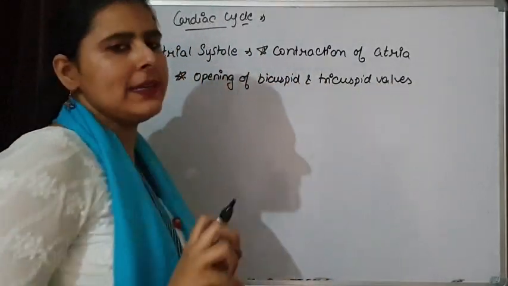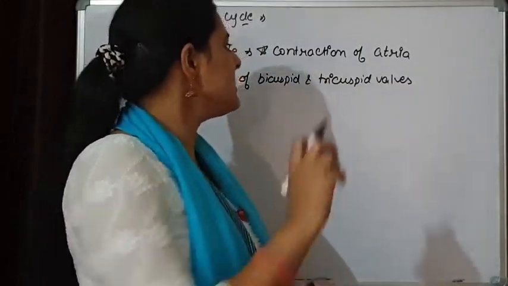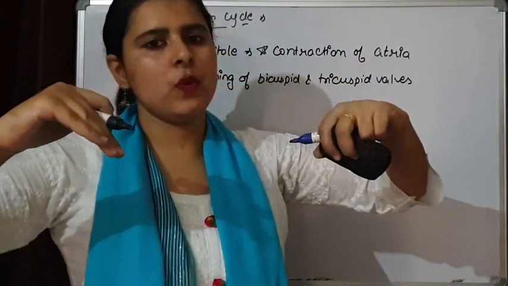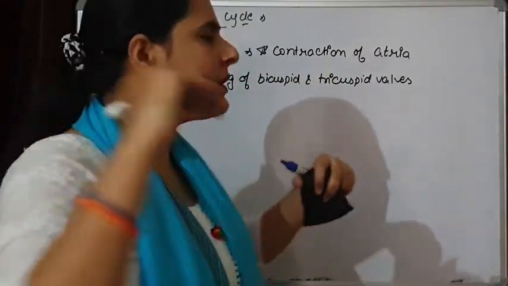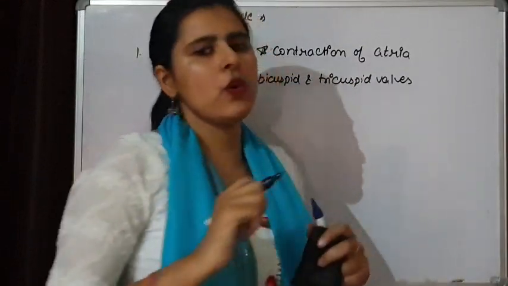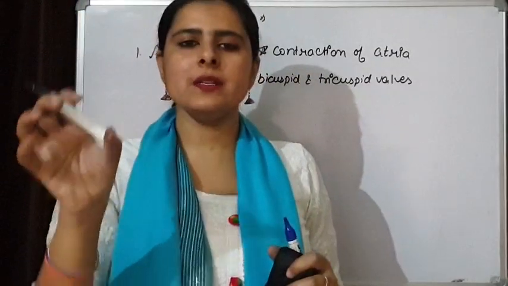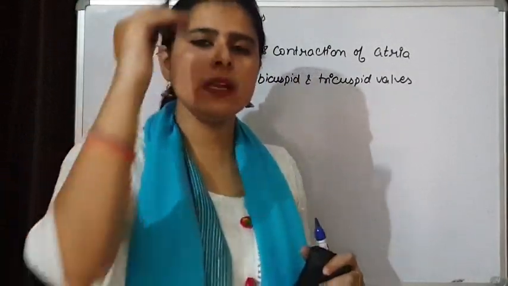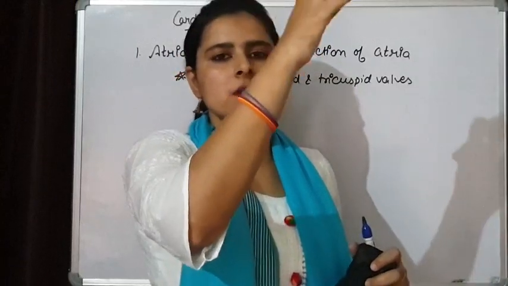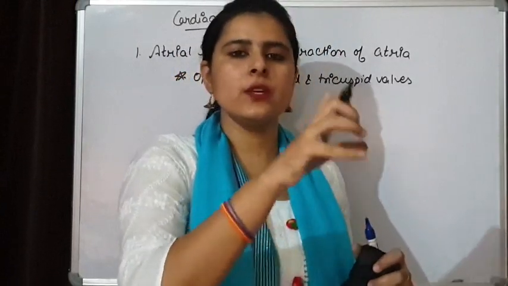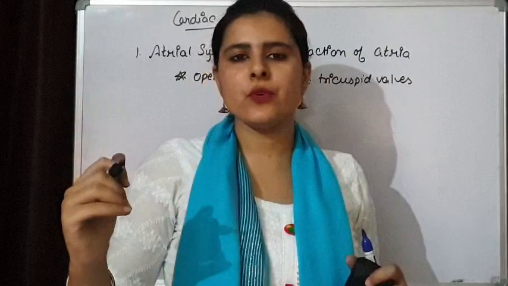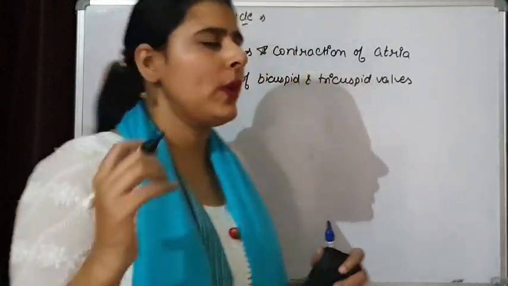The third thing is that, because of the opening of these valves, blood moves from the right auricle into the right ventricle, and from the left auricle into the left ventricle.